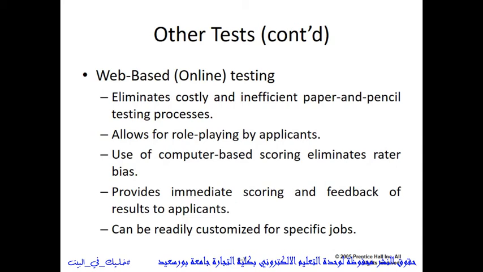It eliminates the bias of interviewers and the employees who test candidates, because the computer automatically corrects the answers. Another major advantage of online testing is that it provides immediate scoring and feedback of results to applicants. Yes, in the same minute, instantaneously, the candidates know whether they have achieved high scores or low scores.